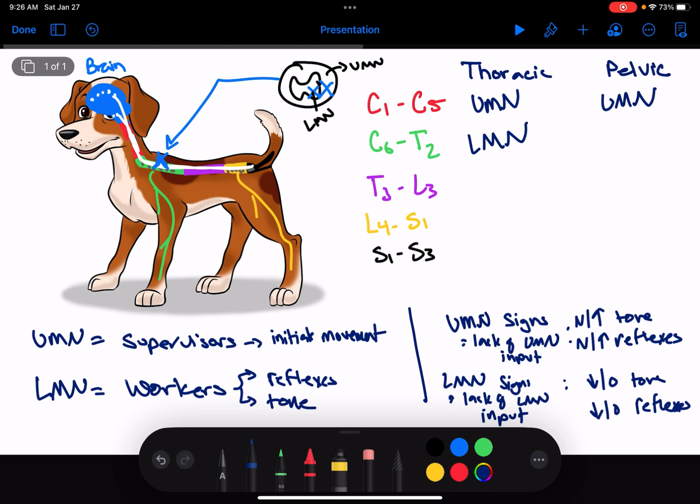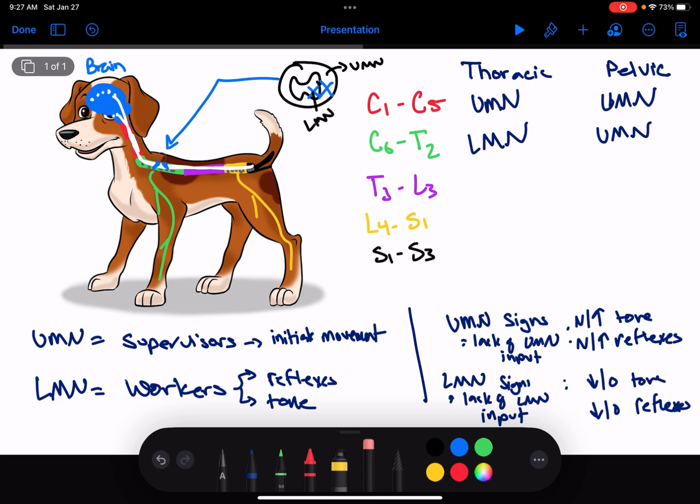And so when we damage that white matter at the level of C6-T2, we're going to damage the upper motor neuron pathways, okay? And thus, we're going to have a lack of upper motor neuron input to the pelvic limbs, and this will give us upper motor neuron signs in the pelvic limbs. All right? So that's kind of what we're dealing with so far.